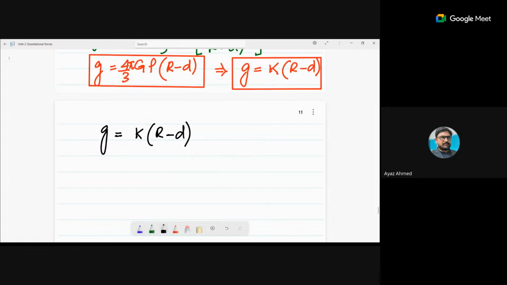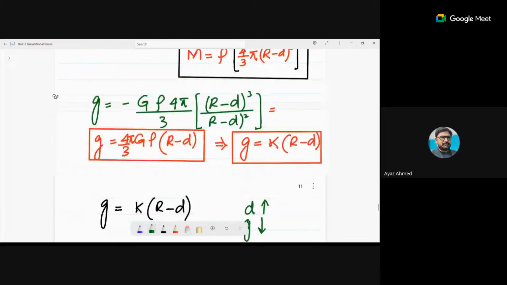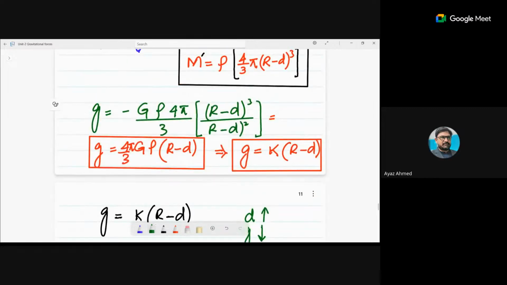So as you go deep, as d increases, what about g? As d increases, positive minus positive is lower. Decrease, decrease. Yes, that is the point. सारा कुछ constant है. यहाँ पे आपने ये जो माइनस वाला साइन था ना, इसको भी साथ add कर लो.